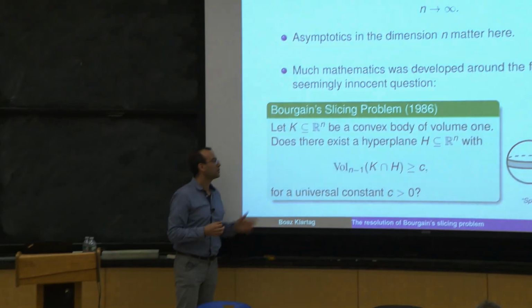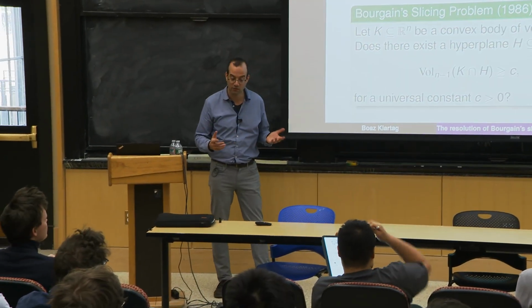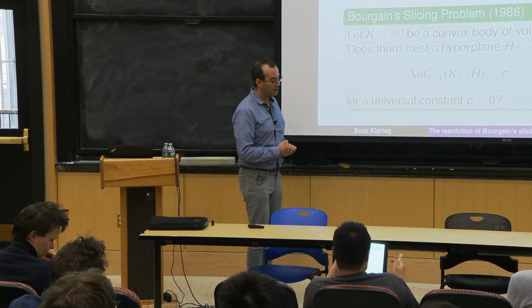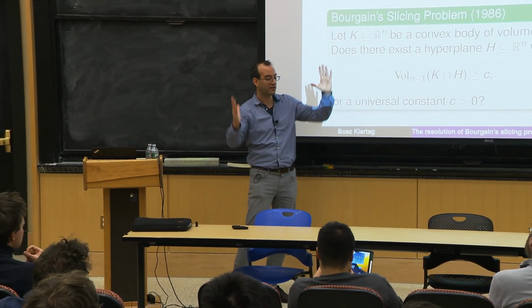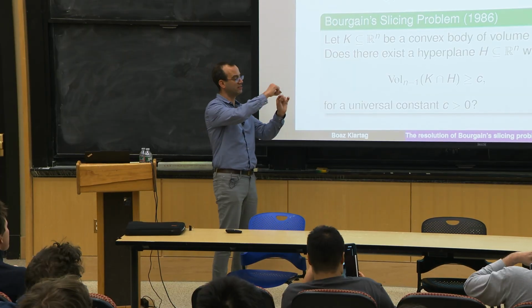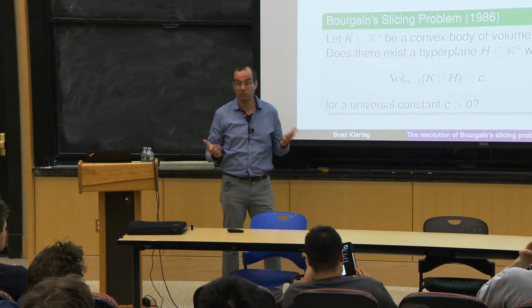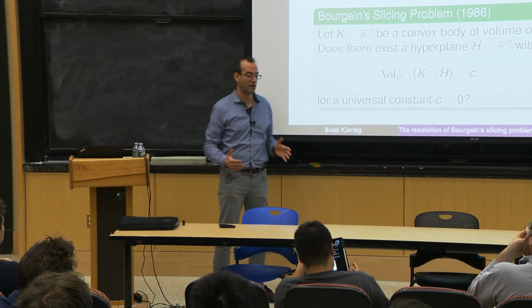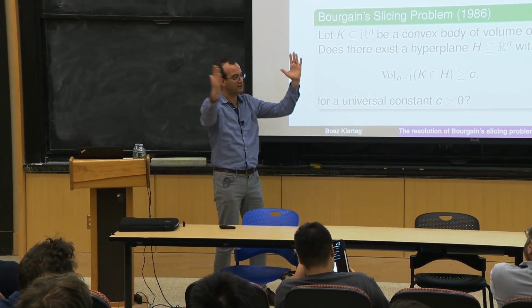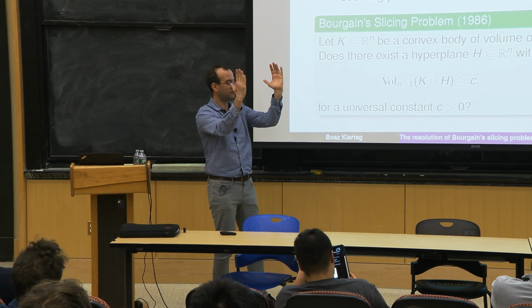So how would you get a constant over square root of n in the centrally symmetric case? What would you do? You can look at the width. For a convex set there are two formulations: either that for each two points the segment is inside, or an intersection of half-spaces. So it makes sense when you discuss convex sets to bring two parallel hyperplanes from infinity and measure what is the width in this direction.